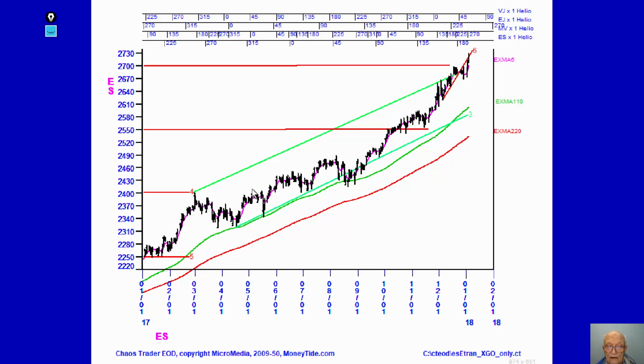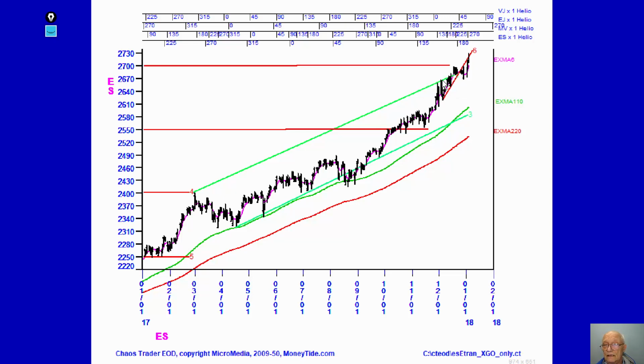Right near that, we started up here. And notice we were tracking the 110-day exponential moving average and started forming a channel here, shown by green, connecting this low, those lows, this low. The top of the channel, parallel, projecting that up in here.